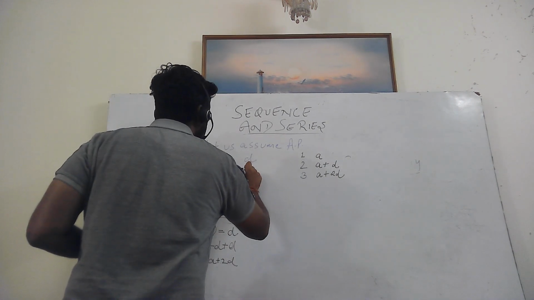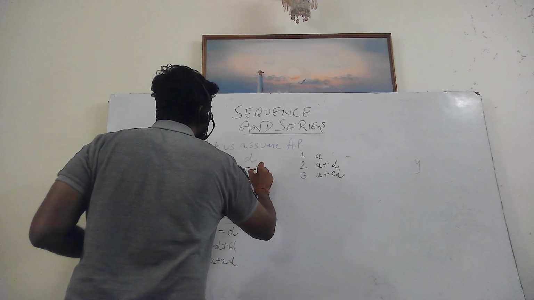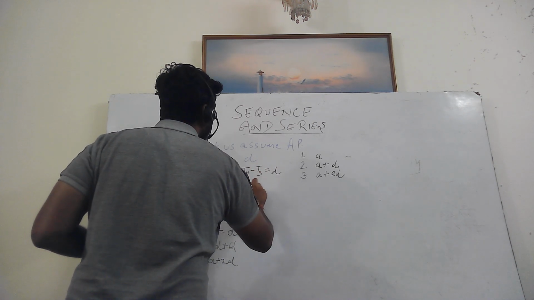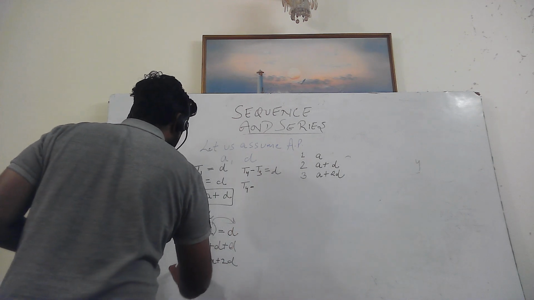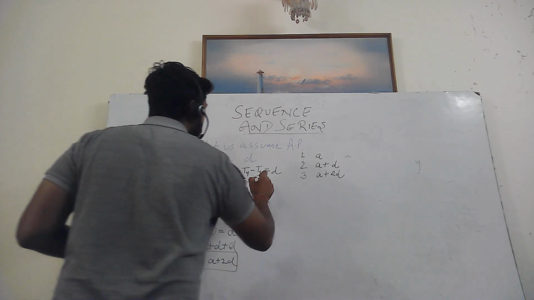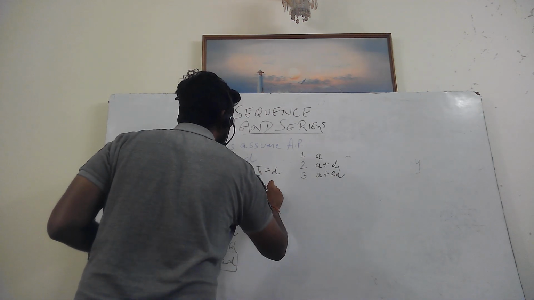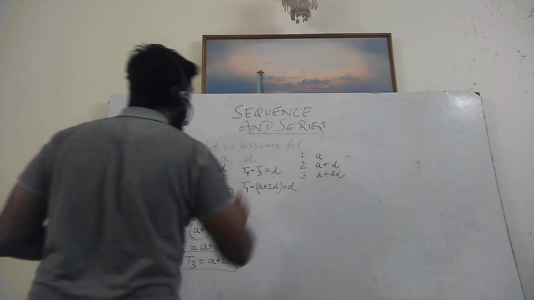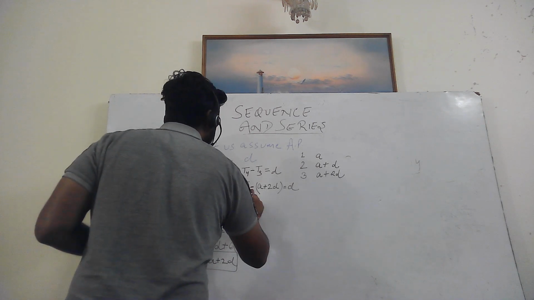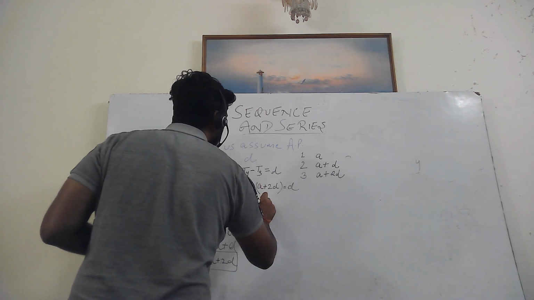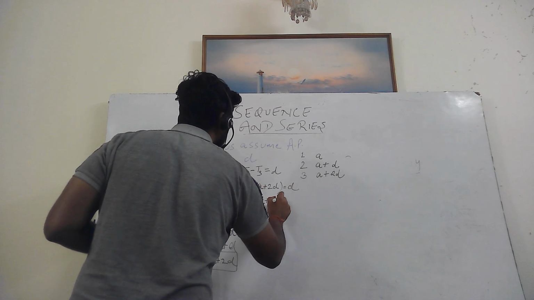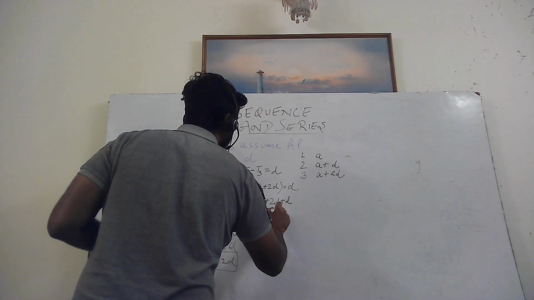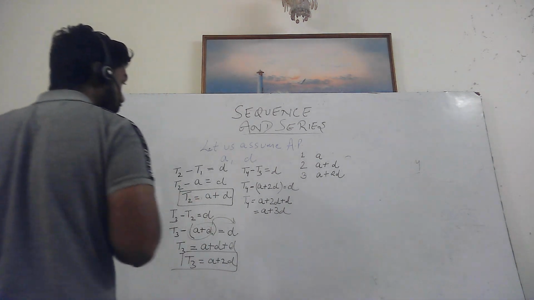We know that T4 minus T3 is equal to D. T4 minus, put the value of T3 that you calculated, A plus 2D, is equal to D. So T4 becomes, this whole thing will go and get added up, plus D, which is A plus 3D.